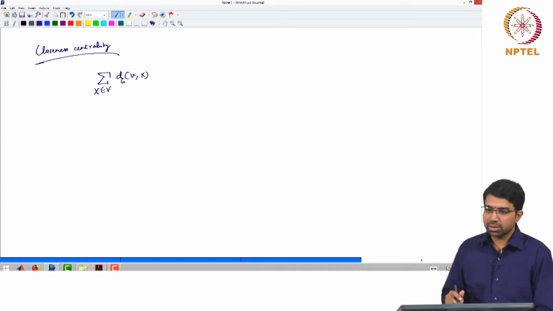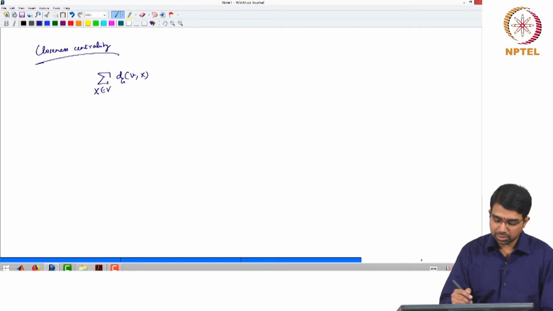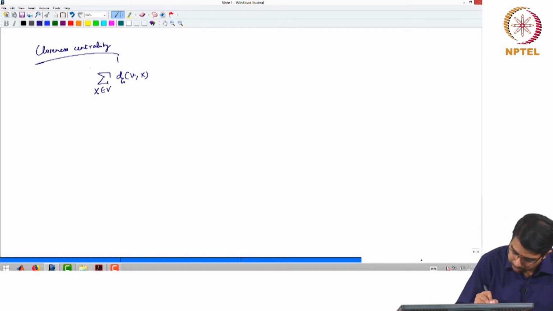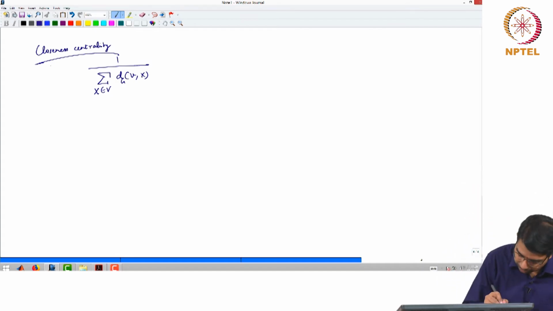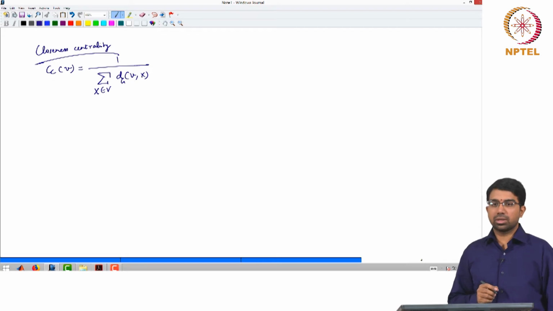For a given vertex, you compute the distance to all other vertices. This is farness. You take a reciprocal of that, that is closeness centrality. There are different such measures.